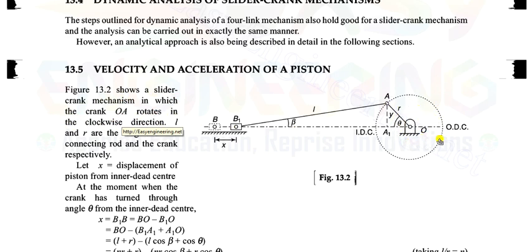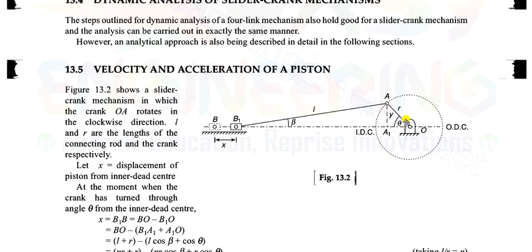Okay, so when it rotates in clockwise direction, what we want to calculate is velocity and acceleration of a piston. So to know the velocity, you should know the displacement.